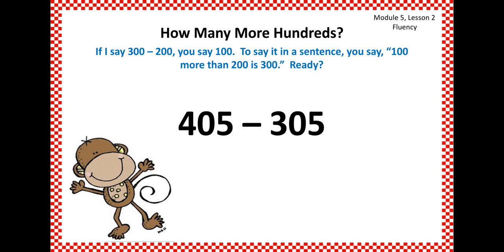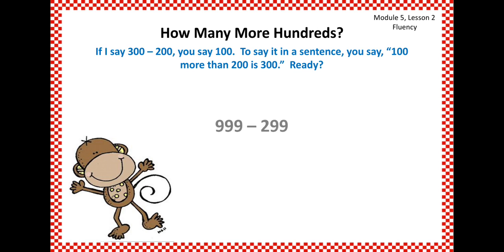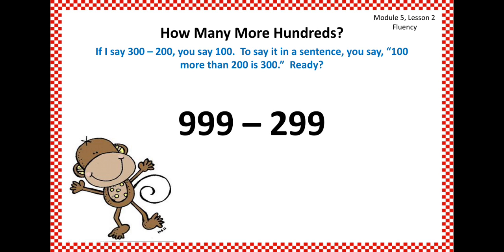So 100 more than 305 is 405. 999 minus 299 is 700. So I can say 700 more than 299 is 999.